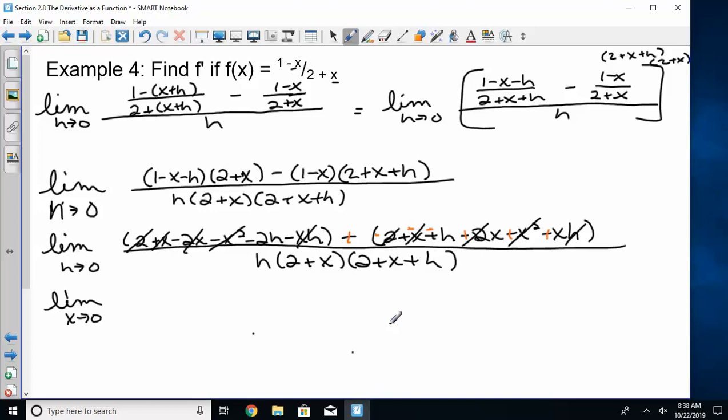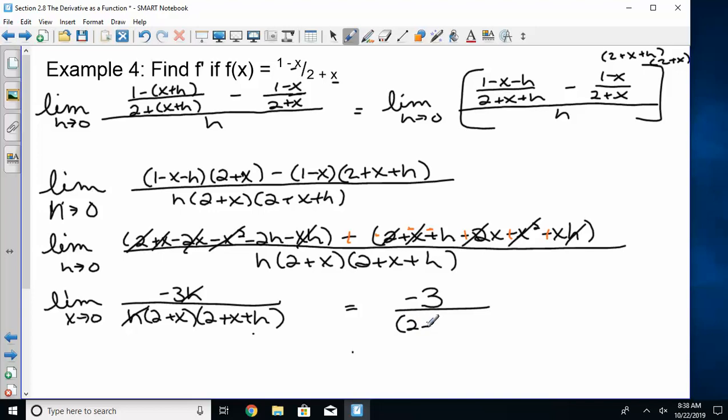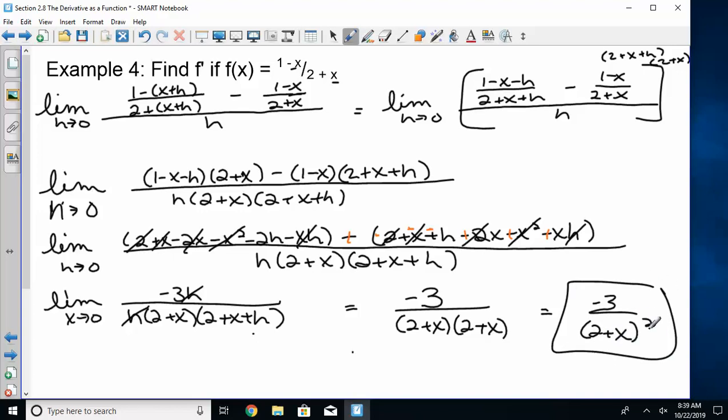So I am left with a negative 2h minus h, so negative 3h over h times 2 plus x times 2 plus x plus h. So my h's cancel, and now you can plug in 0, so you get negative 3 over 2 plus x times 2 plus x, or negative 3 over 2 plus x squared. And that is our final derivative.